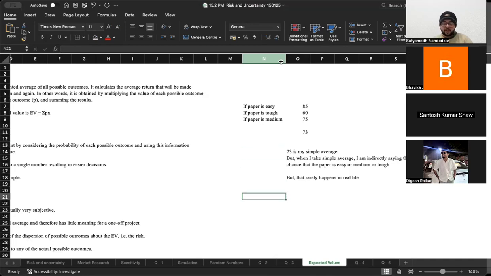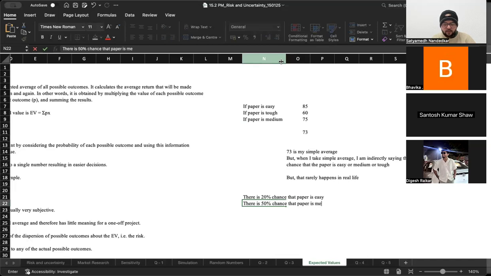So then you tell me कि listen, Satyamed, there is a 20% chance that paper is super easy. There is a 50% chance that paper is medium, and there is 30% chance that paper is tough.